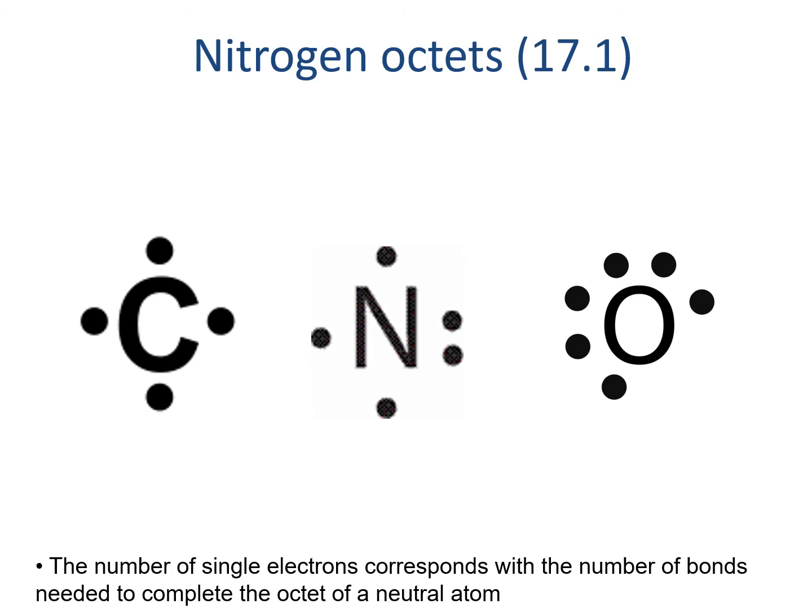Just like with carbon and oxygen, the Lewis dot structure helps us to understand how many bonds that will be, based on the number of non-bonded electrons that are unpaired. With carbon, we had 4 unpaired electrons and always 4 bonds. With oxygen, we have 2 unpaired electrons and always had 2 bonds. With nitrogen, we have 3 unpaired electrons and we'd always have 3 bonds as long as the nitrogen doesn't have a charge.